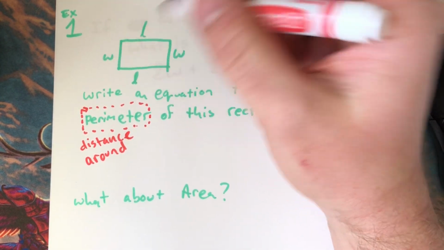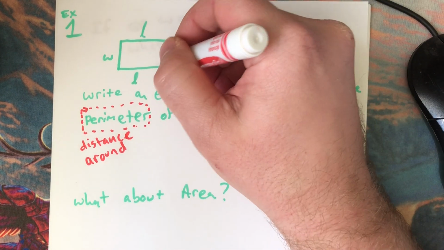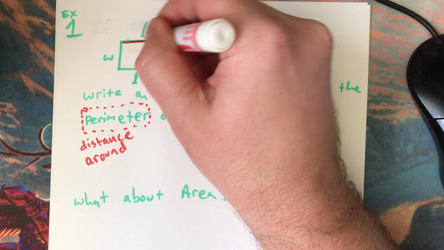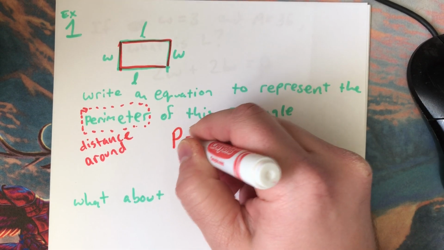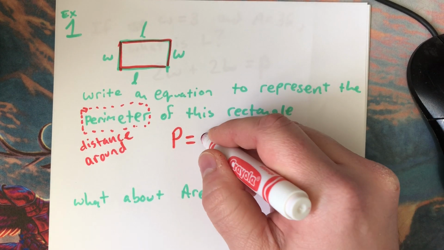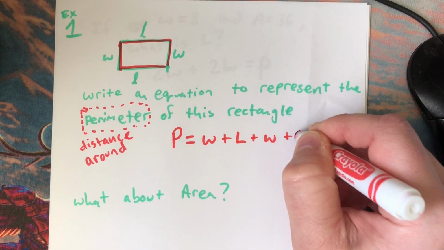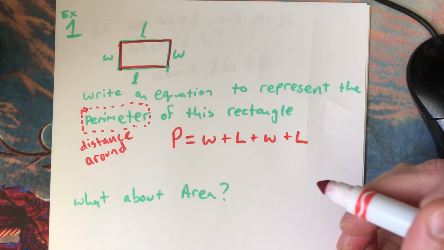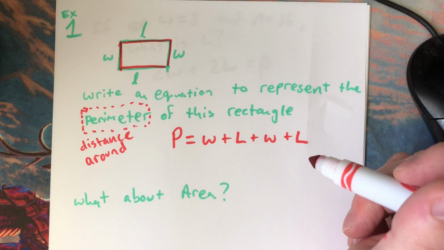If I look here, I could say it's this, and then this, and then this, and then this. So perimeter is equal to this plus this plus this plus this, right? If you thought that's what perimeter was, you're exactly right.